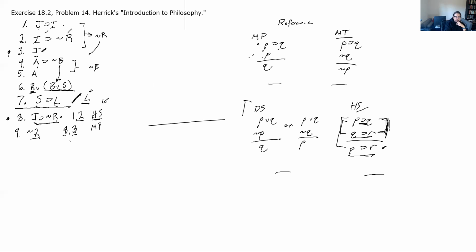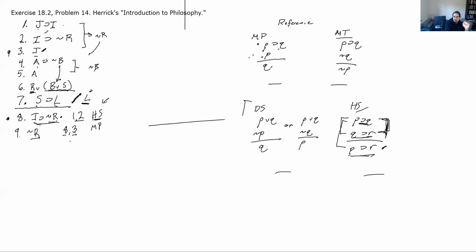And now is a good time to mention that the order of these premises doesn't really matter. They don't have any logical significance. This proof was laid out so it's easy to work through this problem by starting at the top and moving to the bottom. But that's not always going to be the case. Sometimes you'll be jumping around on these premises. Sometimes you'll be starting at the end and connecting it with something at the beginning. Sometimes you'll reuse premises.